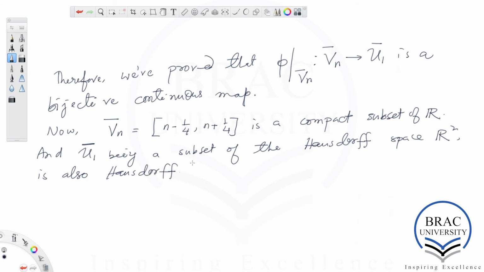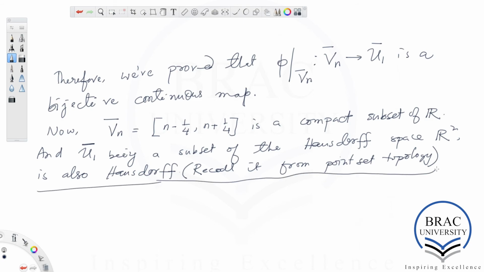So it's a fact that follows from point set topology. Recall it from point set topology. If you don't have it on the top of your head, just follow the following argument.